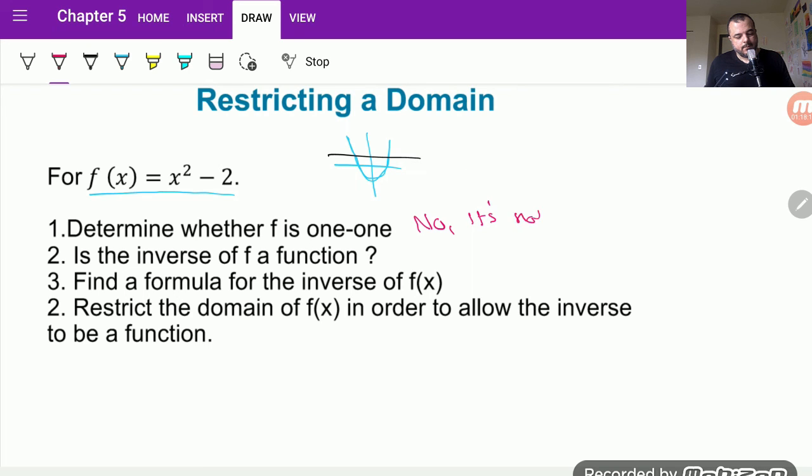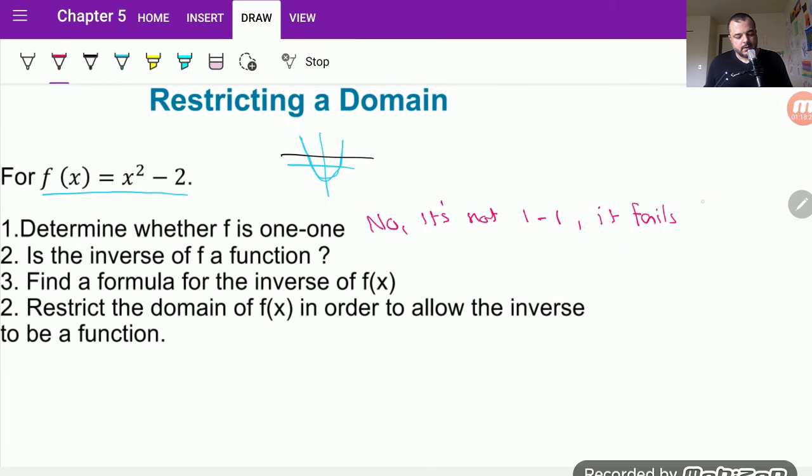It's not one-to-one. Why? Because it fails the horizontal line test. How does it fail the horizontal line test?